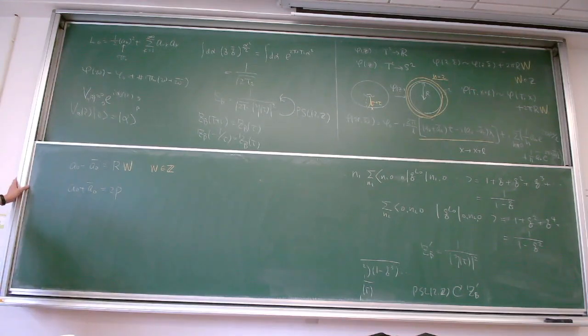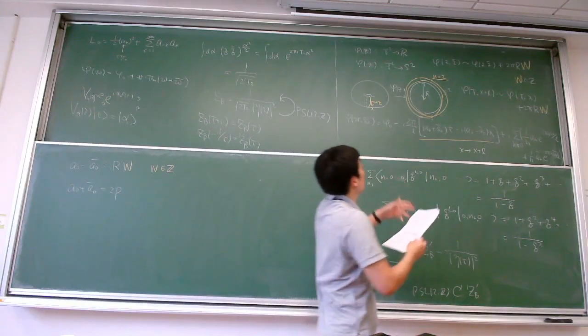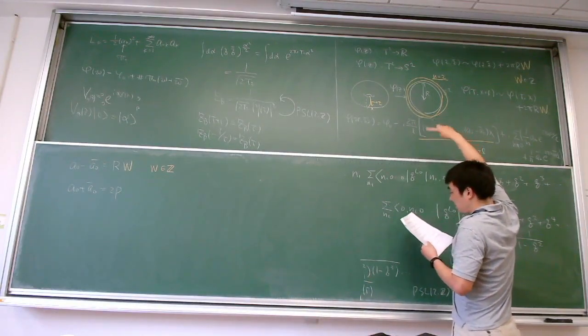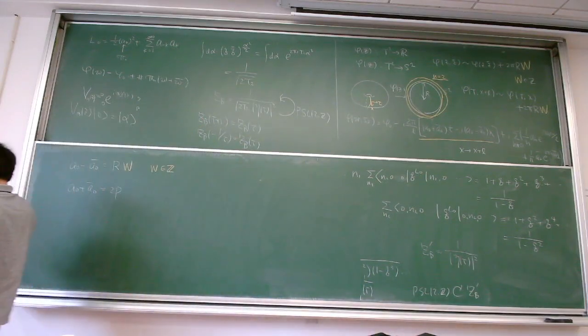So this can be understood as momentum, and here you just have the momentum on a circle. Therefore, momentum on a circle should be quantized.